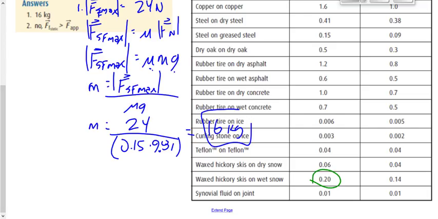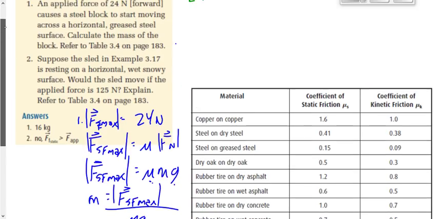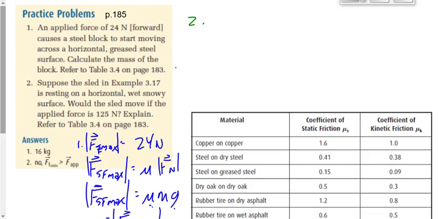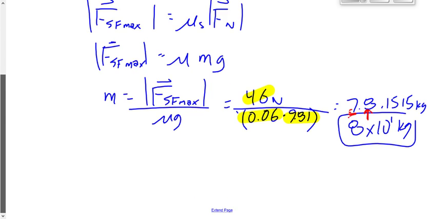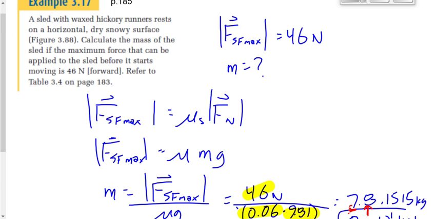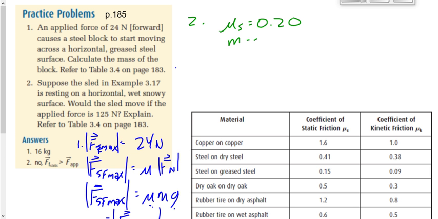It says it's resting, so it's not moving. So the coefficient of static friction is what we want here. It's 0.20. What was the mass of it? I think 78 kilograms, something like that. 78.1515. Good.